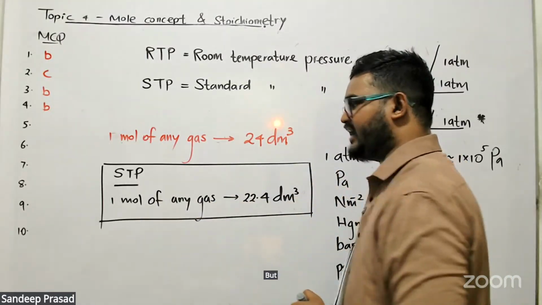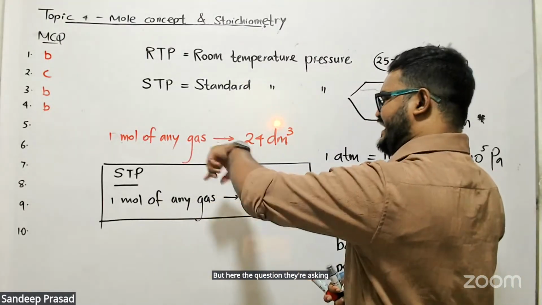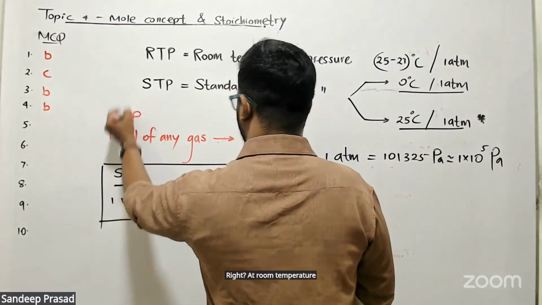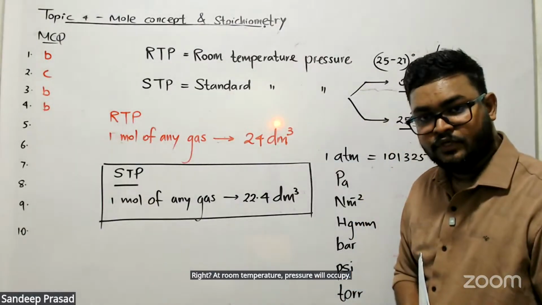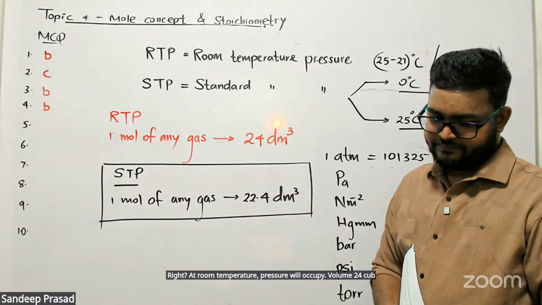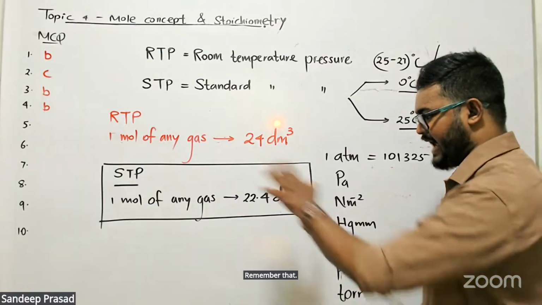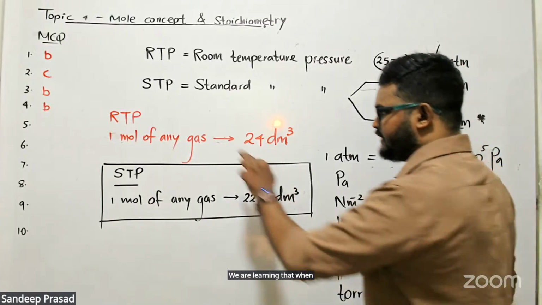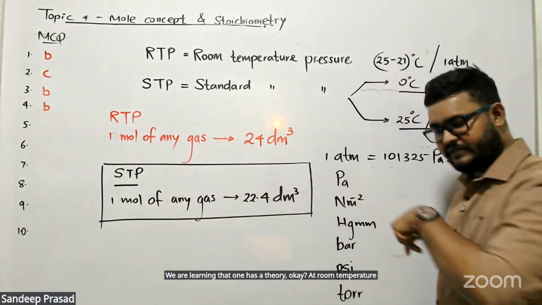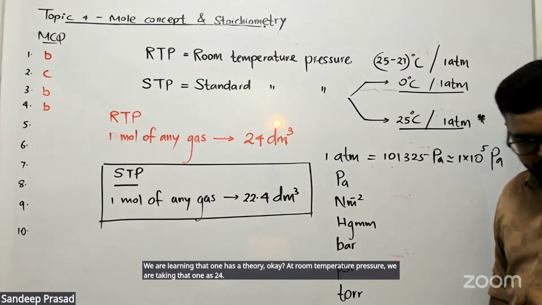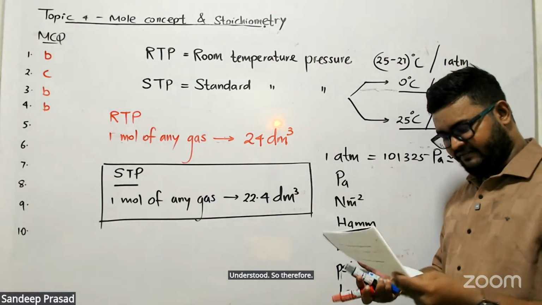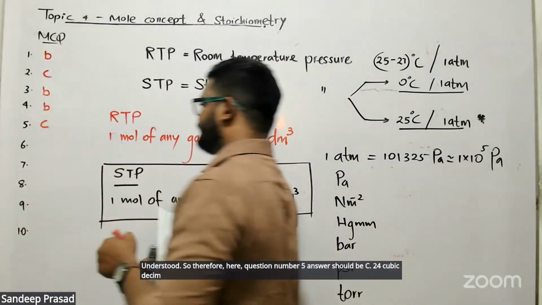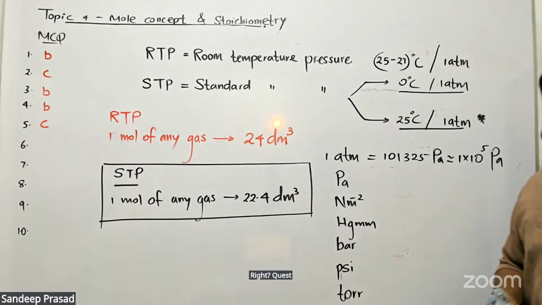But here the question they're asking, 1 mole of any gas at room temperature pressure will occupy volume 24 cubic decimeter. Remember that, okay? At the standard temperature pressure, 22.4. We are learning that one as a theory. At room temperature pressure, we are taking that one as 24. Understood? So therefore, here, question number 5, answer should be C, 24 cubic decimeter.